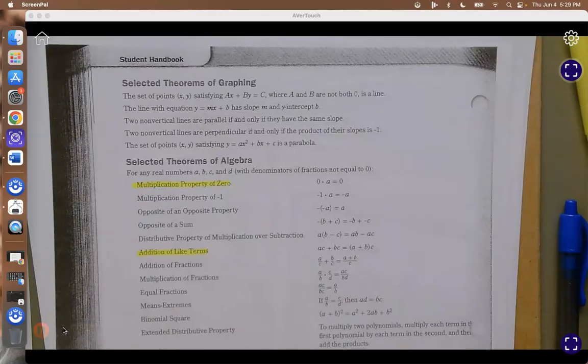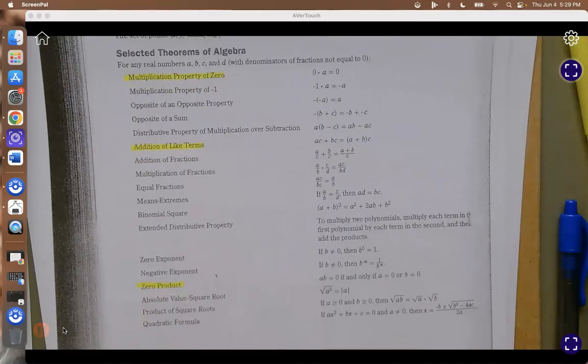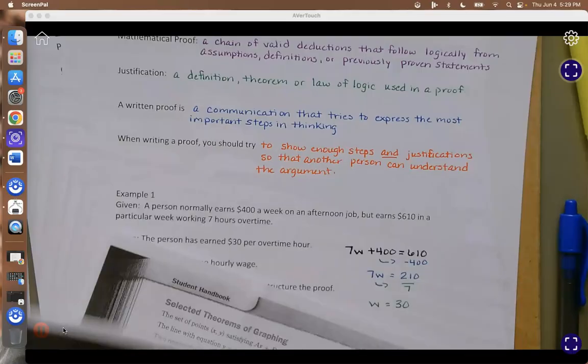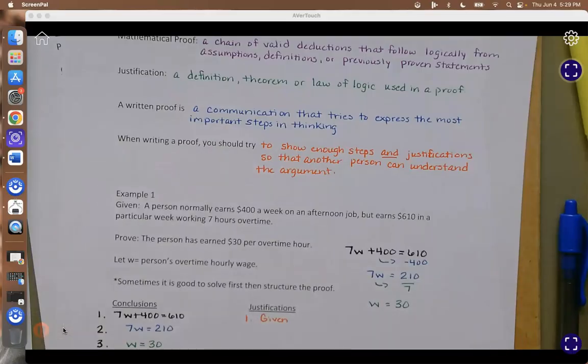Then on the back side, highlight these. These are the ones that you're going to mainly be using for this course. All these other properties are properties and theorems that can be used. Okay? So if you need to rewind that, feel free to do that.